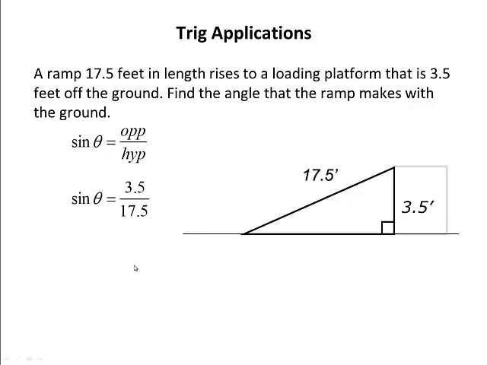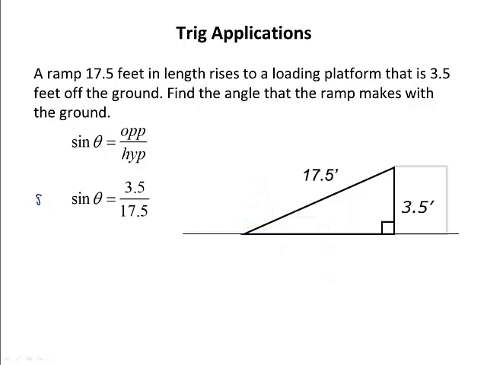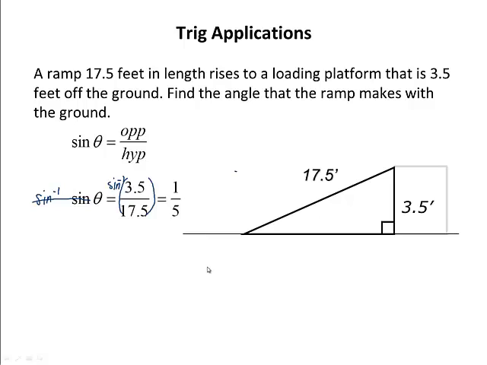And then like the last problem, we take the arc sine of both sides, which looks like this. I'll cancel that, do the same thing to this side, and do that on your calculator. It should come out to about 12 degrees rounded.